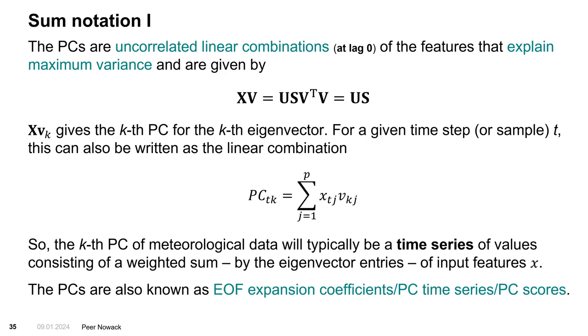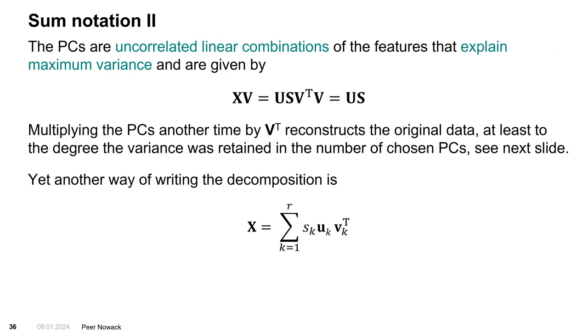So the empirical orthogonal functions are the eigenvectors, but the principal components, which in casual speak are what we mean when we say let's do a principal component analysis, are these linear weighted representations of the original data, which in our case will usually be time series that represent also the variance in the data.